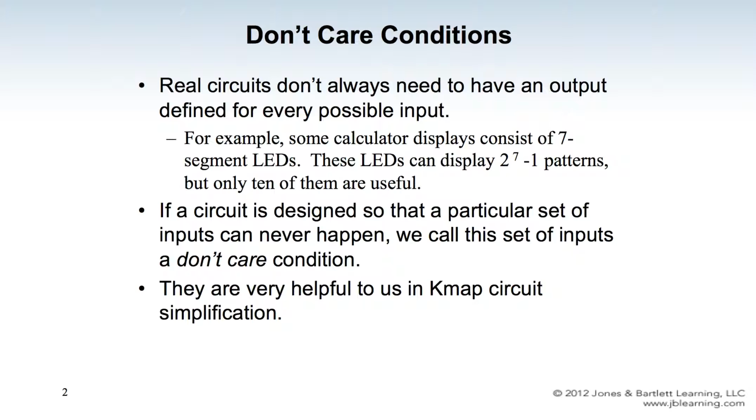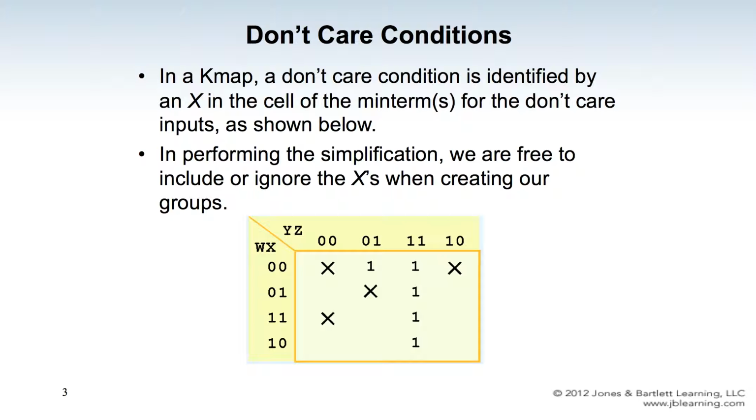Basically, how we exploit this depends on the application, and also on how we can combine it with the existing values of 1 in the K-map in order to end up with a simpler circuit. Here is an example in the K-map.